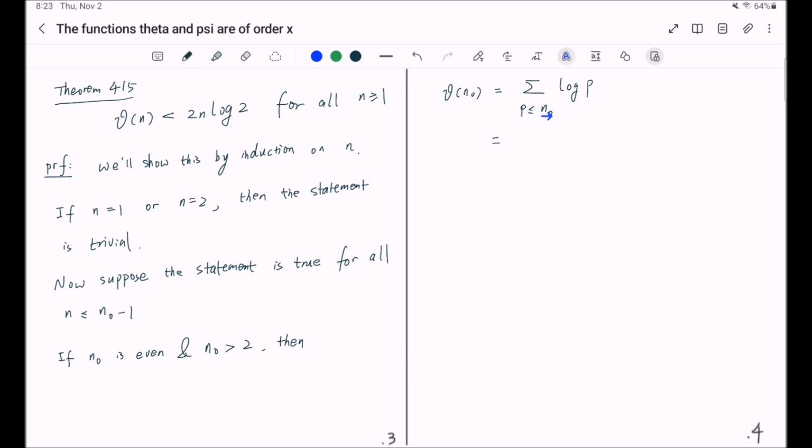Now, because n naught is an even number, and an even number bigger than 2 is never a prime, the sum is also equal to the summation for all prime numbers less than or equal to n naught minus 1 of log of p's. So this is because n naught as an even integer is not a prime number.